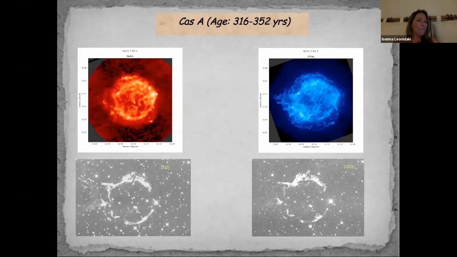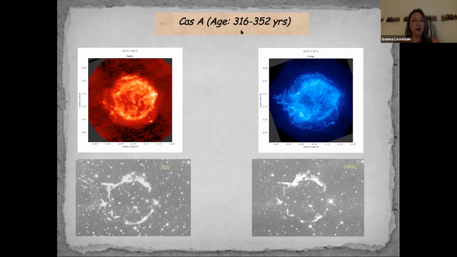And a good example regarding how the circumstellar medium affects the supernova remnant is Cas A, which is well known to everyone.